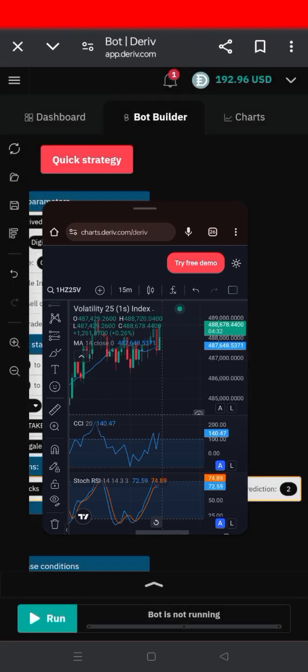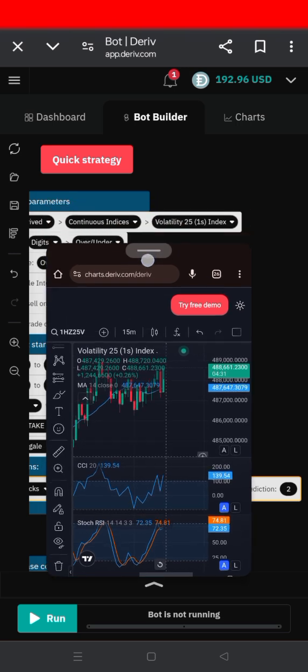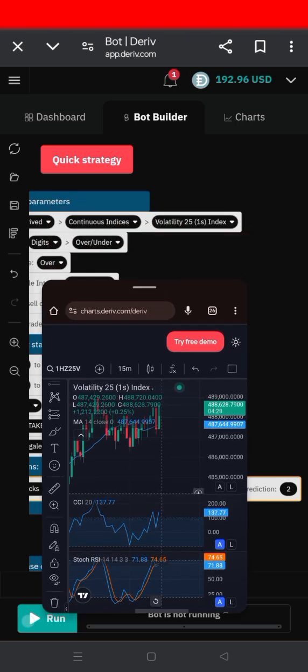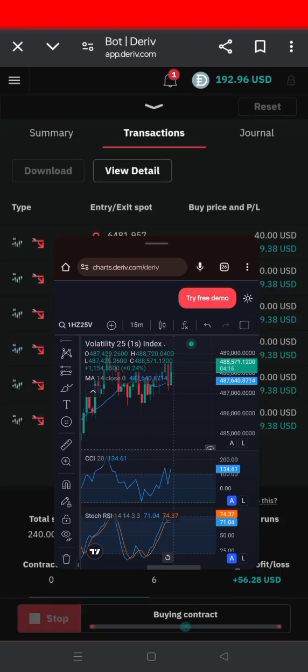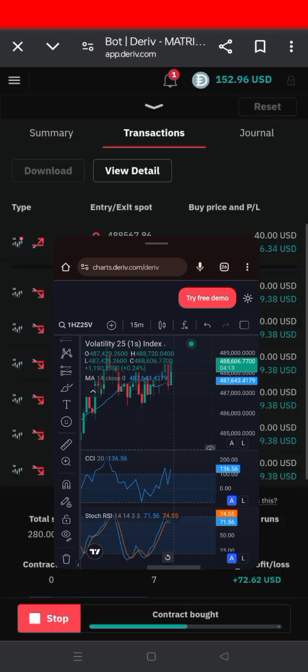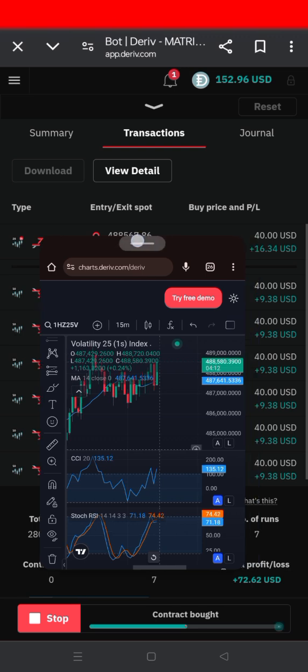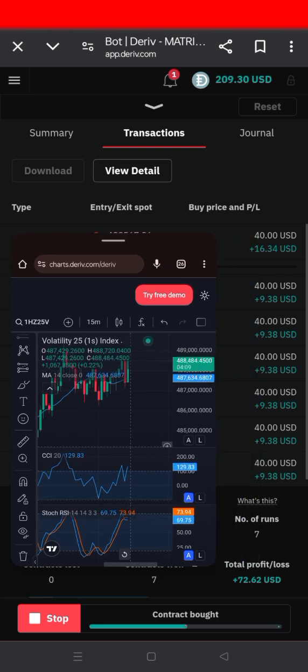So after observing that CCI, we can trade this digit as over 2. For this uptrend, the indicators suggest a strong buying momentum, but it doesn't show that clear good momentum or a strong buying momentum. So we'll just test using this.